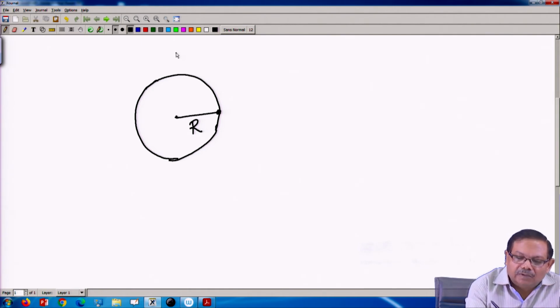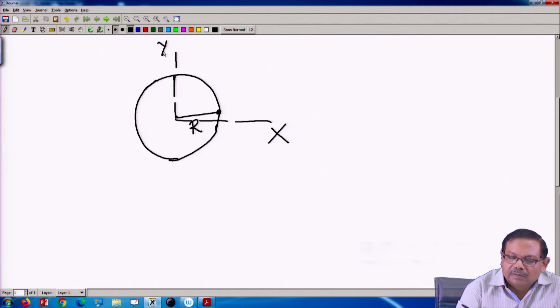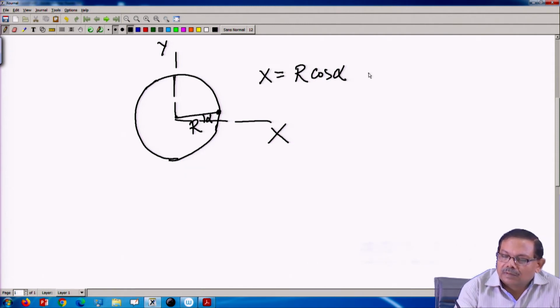So, if I draw x and y axes, and this angle, let us say alpha, then r cos alpha is x and y is r sin alpha.